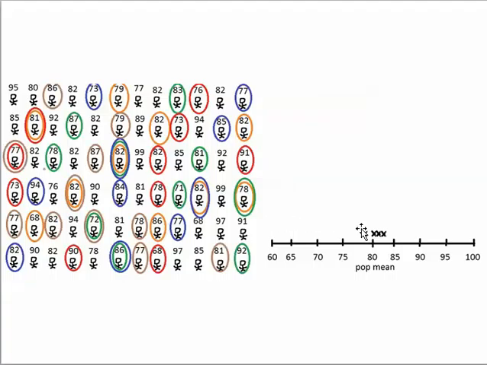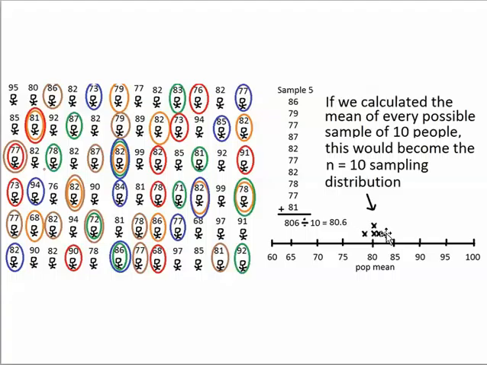So notice how when you're selecting a bigger sample size, the possible samples have sample means closer to the population mean. Almost all of the possible samples have sample means really close to the population mean of 80. Because remember, larger samples are more accurate.